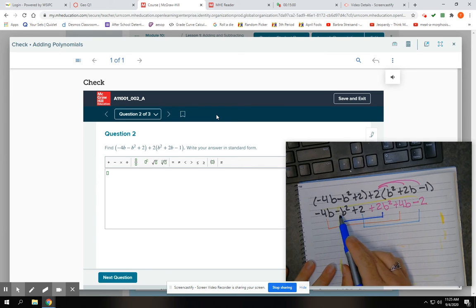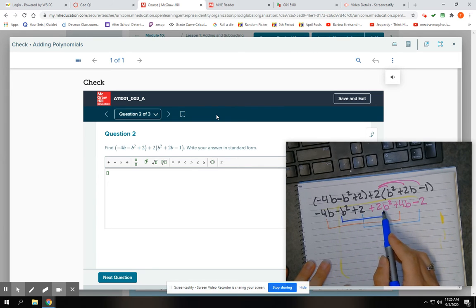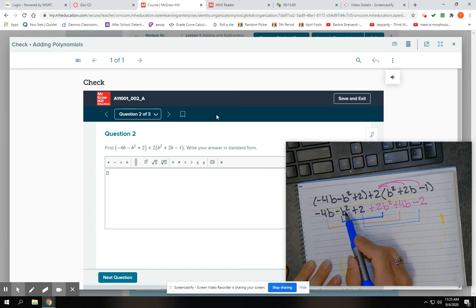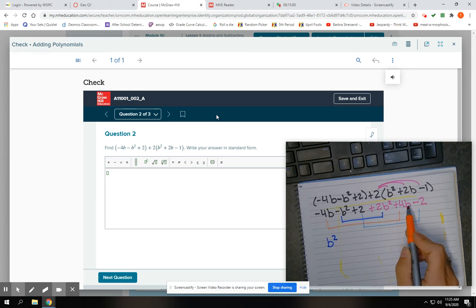So we've got a negative b squared and a 2b squared, right? So remember, this is like a negative 1. So basically this is 2b squared minus b squared. So we're going to have just 1b squared left over, because if you have 2 and you take 1 away, you only got 1 left. And then we've got negative 4b plus 4b.